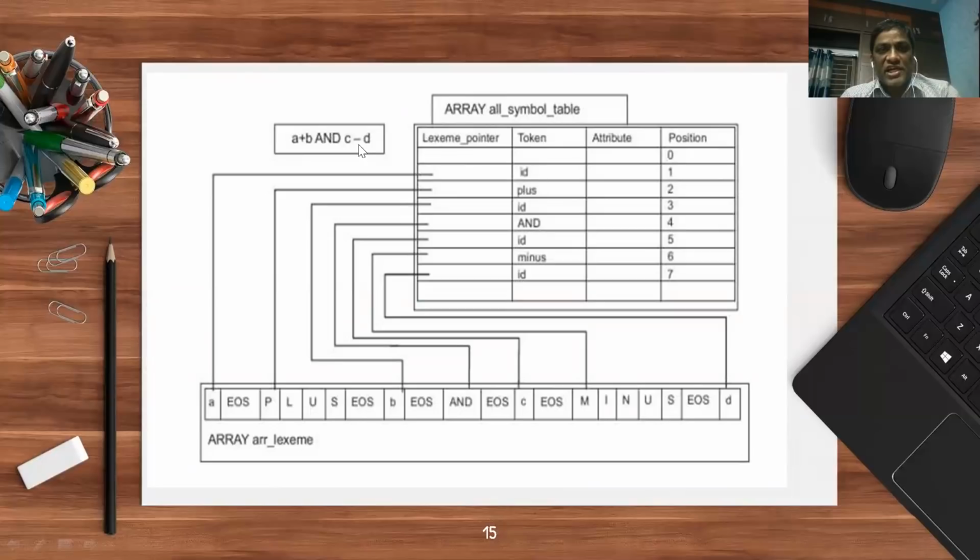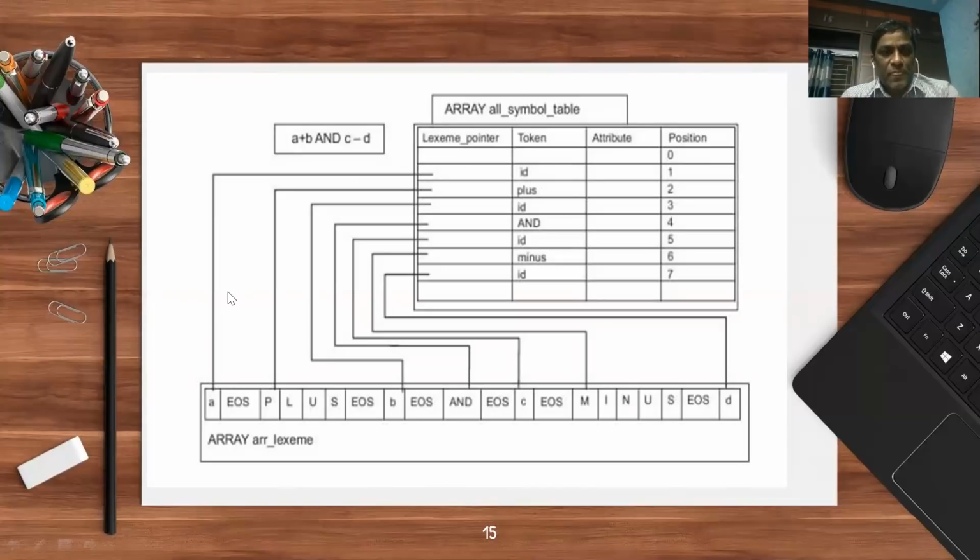The first token is an identifier, small a is an identifier, and the position is 1. It is showing only a few columns here. It may contain other things also: the type of the token, the initial value of the token, where it is actually stored, and so on. Its scope is also stored in the symbol table. This structure may vary, but overall it looks like this.